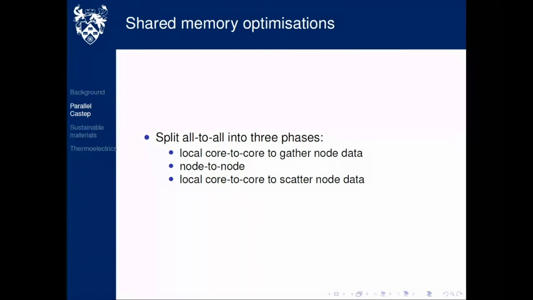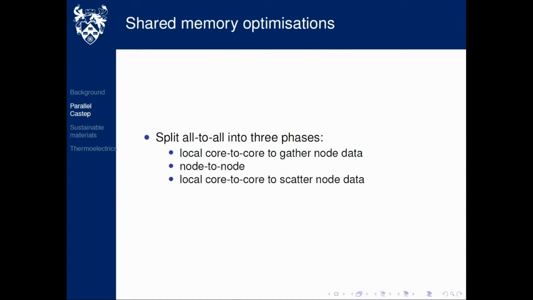All I'm doing is taking the 3 cores' worth of data and packing it into one message that's 3 times as big. I then exchange those big messages, but maybe only 1 or 2 messages per node now. And then I look at what I've received from the other nodes in their big messages, and I parcel out the data that each process needs.